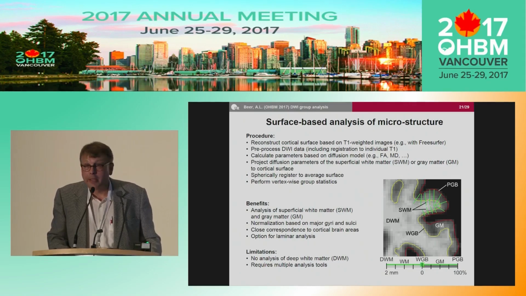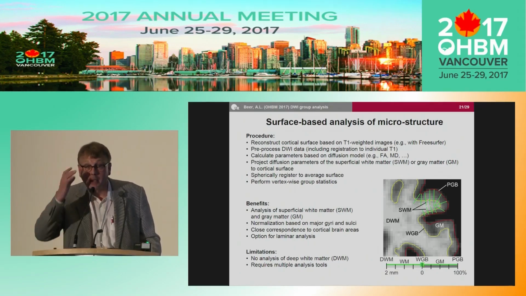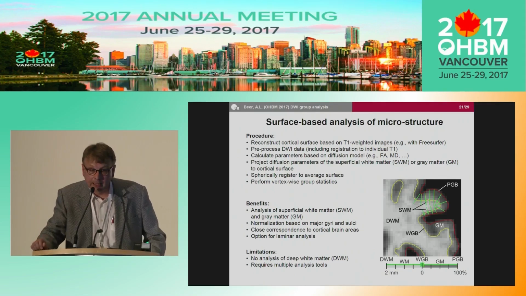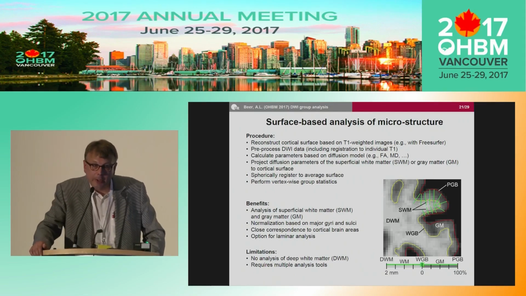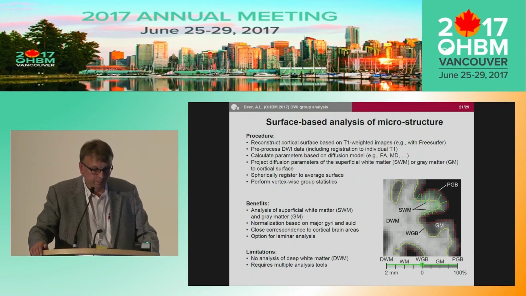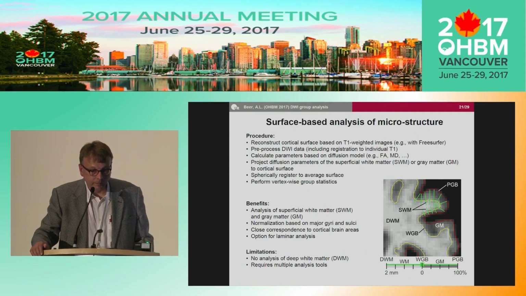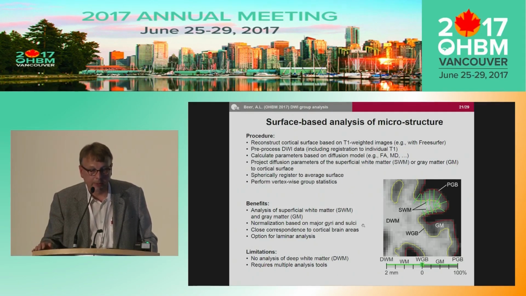So precisely speaking, it's not that we examine the whole white matter, but instead just part of the white matter, which we call the superficial white matter. The major benefit here is, again, you benefit from the normalization based on major gyri and sulci, which is the spherical normalization.